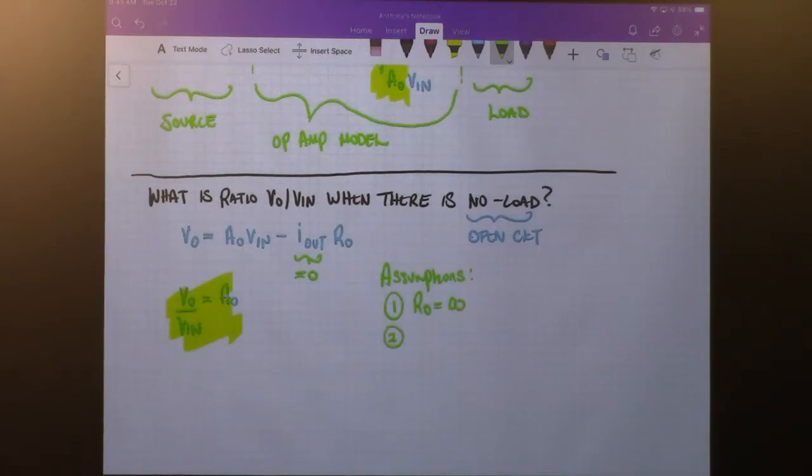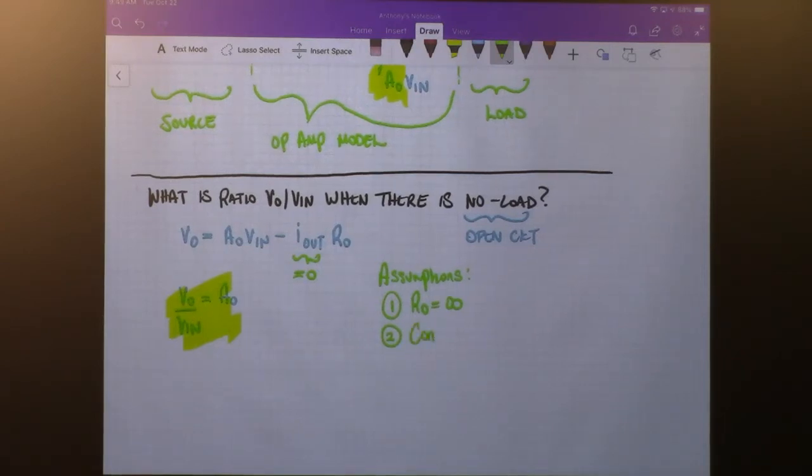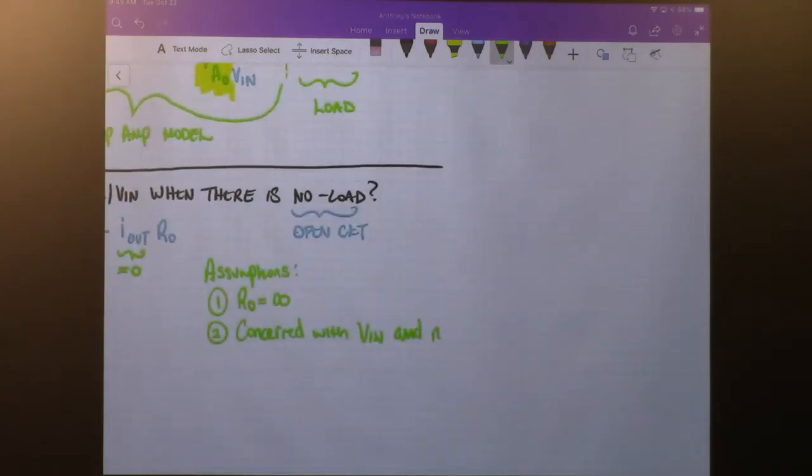And the second, which is not really an assumption, is that we're concerned with V in and not Vs. So what does that mean?